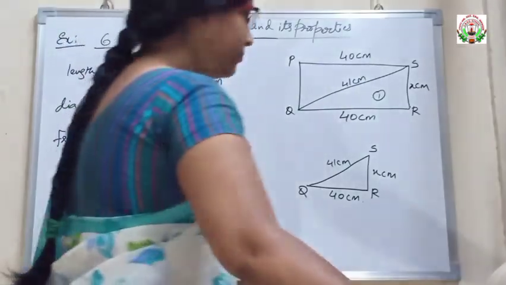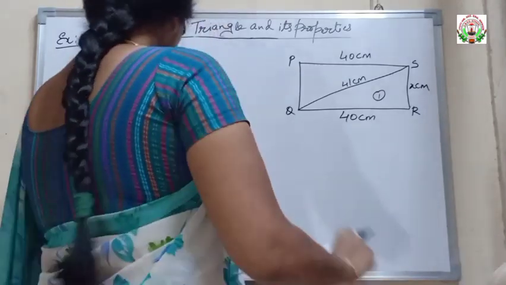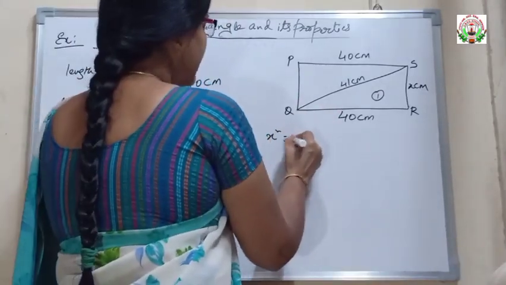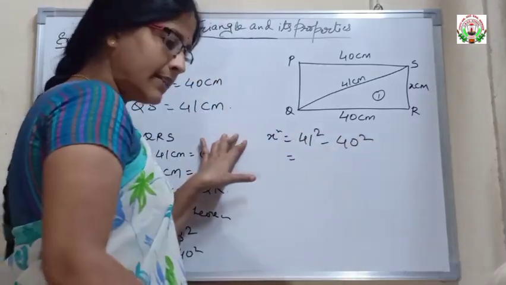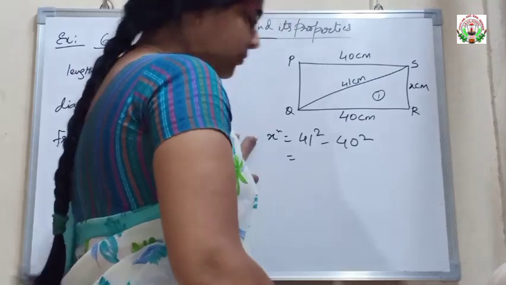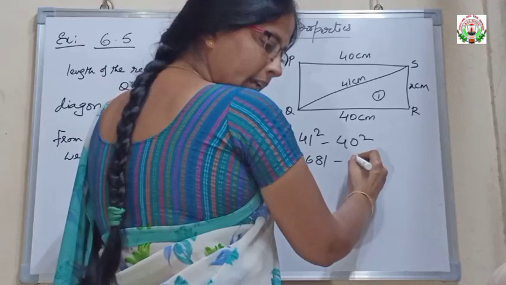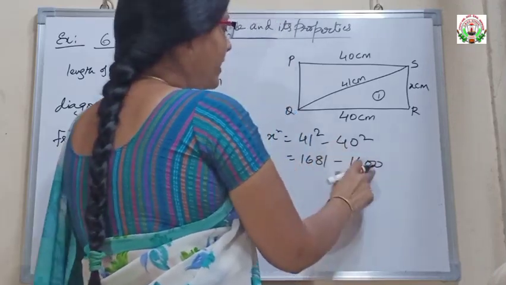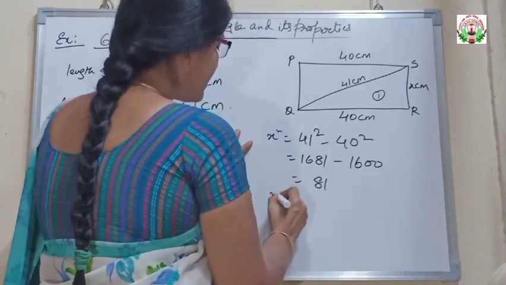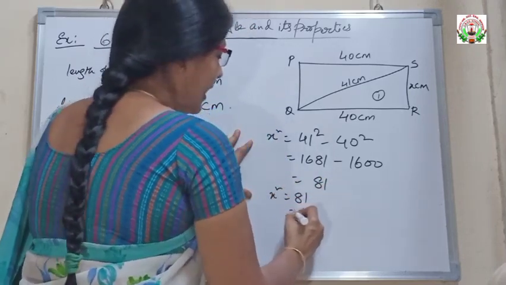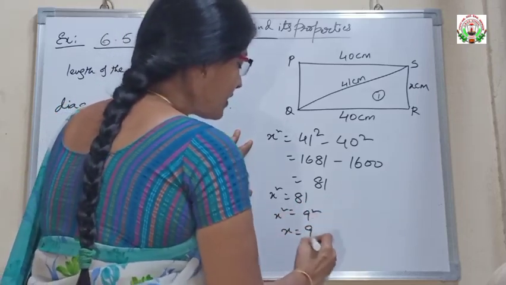So this will become x square is equal to 41 square minus 40 square. Now 41 square is 1681 minus 40 square is 1600. So it is 81. So x square is 81. 81 is 9 square. So x square is 9 square. X is equal to 9.